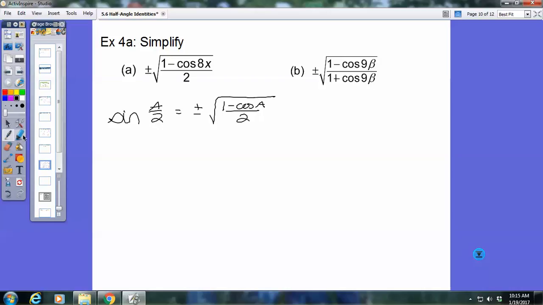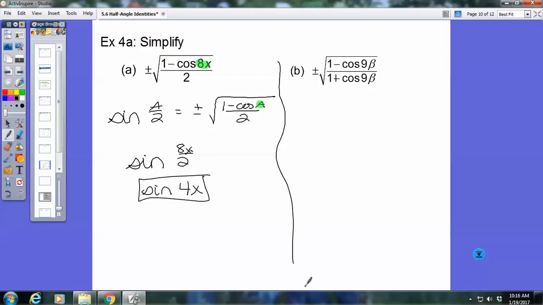Alright, so I gave you the right hand side of the formula. You're going to give me the left. So we need to figure out what our a is. Yep, a is 8x. So this is the sine of 8x over 2, which is sine 4x, our final answer.